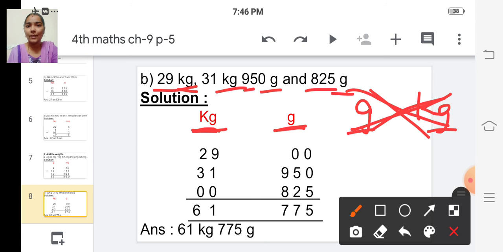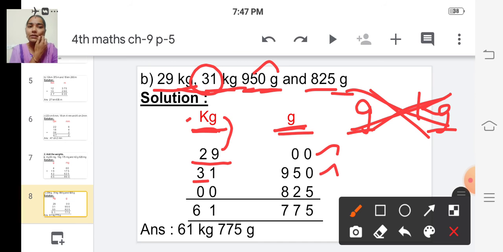So what is the first weight? 29 kilogram. So you have to write this 29 below this kilogram. And there is no grams. So you have to write 0. Okay. And the second weight is 31 kilogram and 950 gram. So you have to write this 31 below this kilogram and you have to write this 950 gram below this gram.